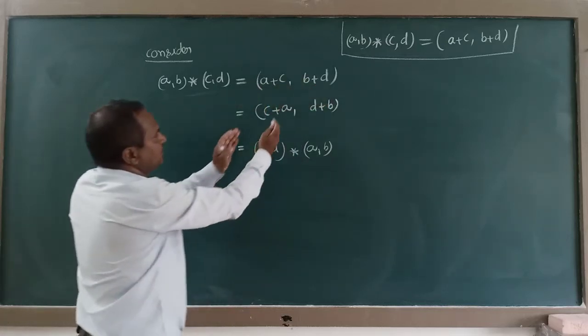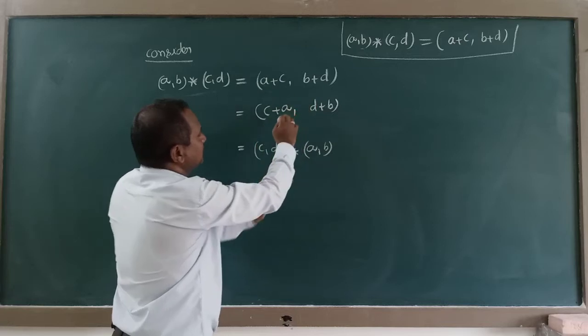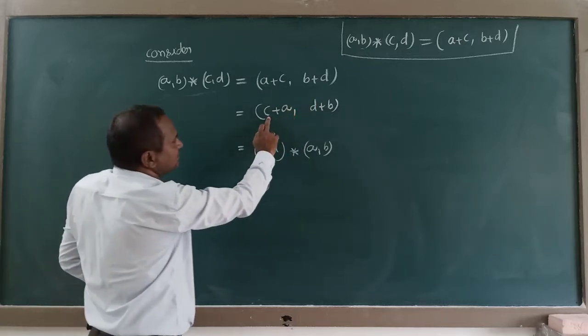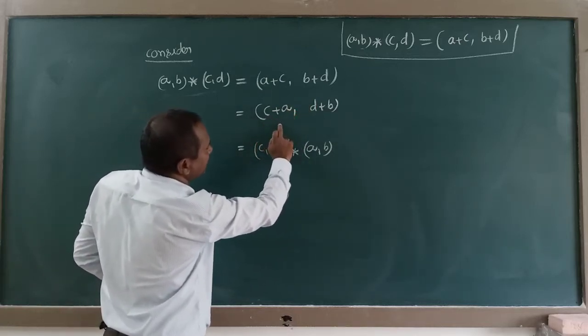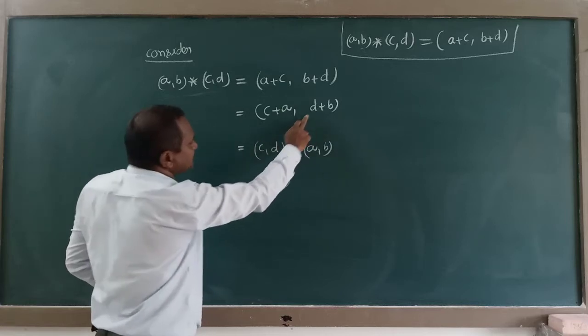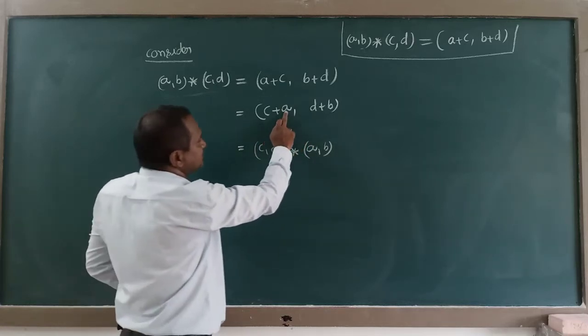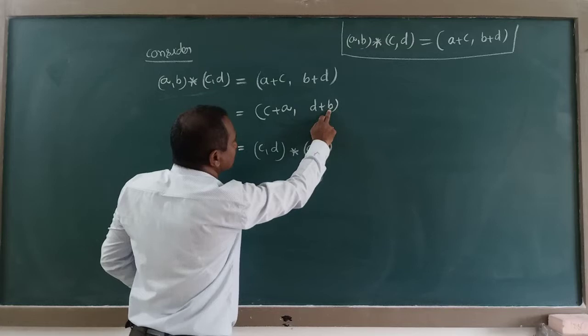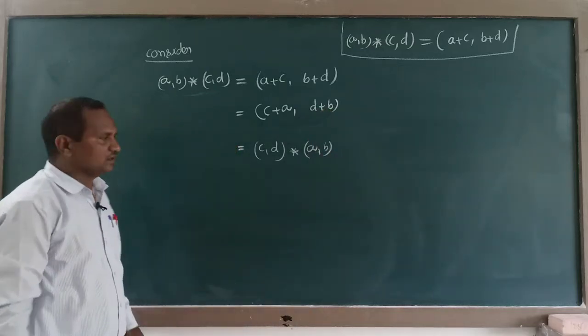Similarly, in the same way, if we take it reversely, the first ordered pair is formed by the first elements, (C, D), and the second ordered pair by the second elements, (A, B).